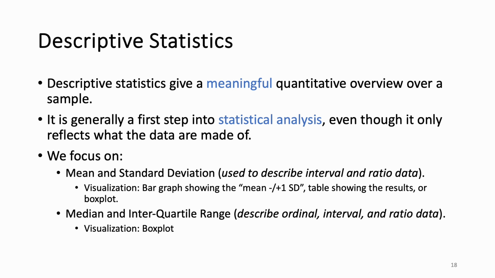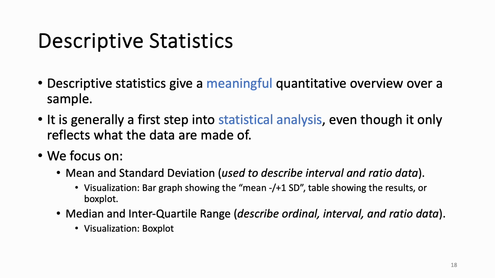Or maybe you can provide the data through a table. So you create a table that shows all the different descriptive statistics. So you have a column for the mean and then a column for the standard deviation for each one of the variables that you are going to measure. Or maybe you can present the mean and standard deviation using a box plot.